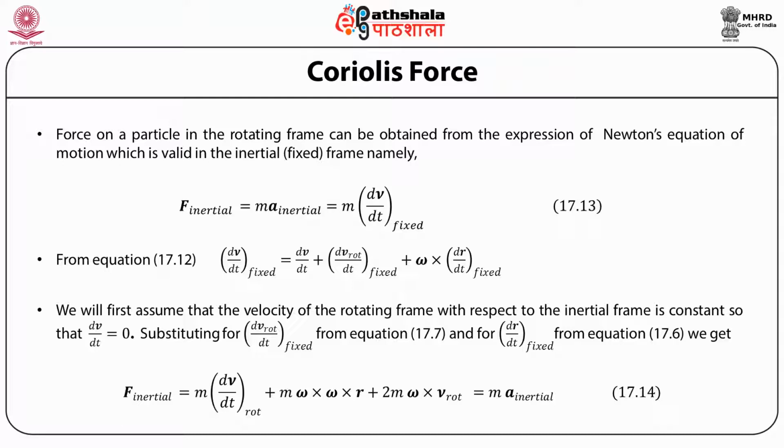So we will first assume that the rotating frame is moving with a uniform velocity with respect to the inertial frame, which means the first term dV by dt is equal to 0.